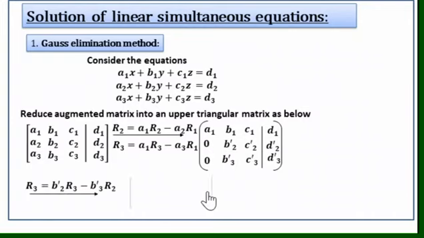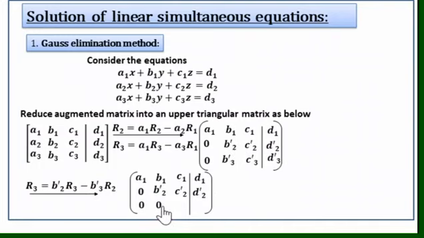So applying this operation on the third row, we get, so here no changes in the first two rows, write them as it is. Third row B2 dash 0 minus B3 dash 0, that is 0 minus 0, 0. Next we have B2 dash B3 dash minus B3 dash B2 dash, you will get 0.